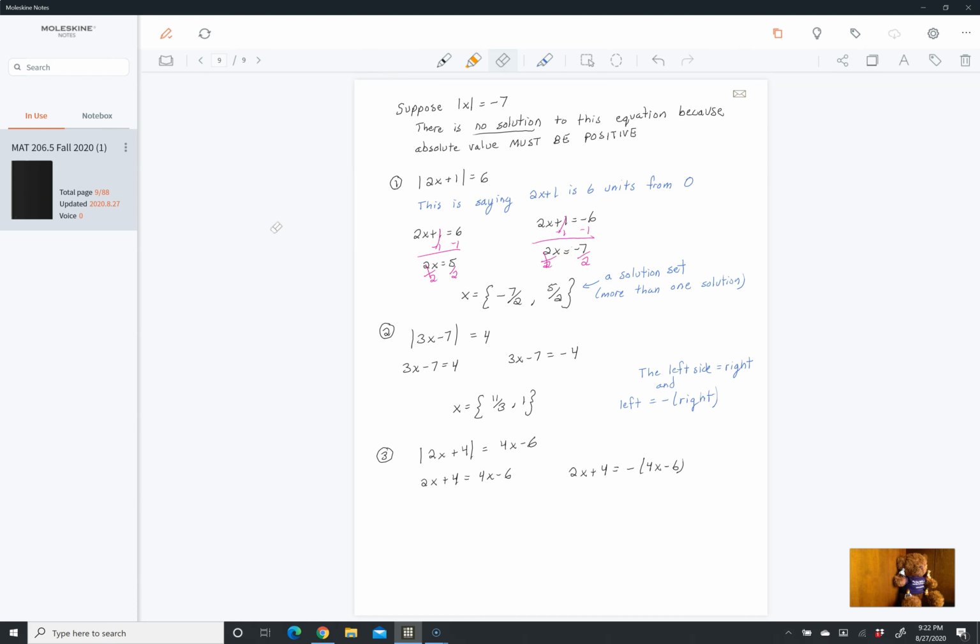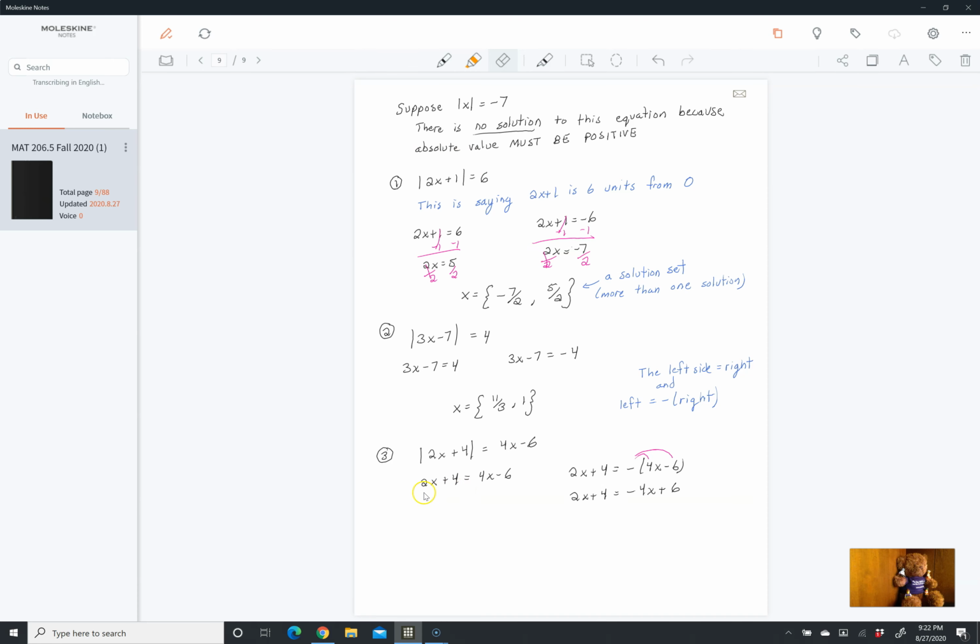That's always the case. So here, let's go through this solution. We can distribute the negative sign. Okay. And we get 2x plus 4 is equal to negative 4x plus 6.